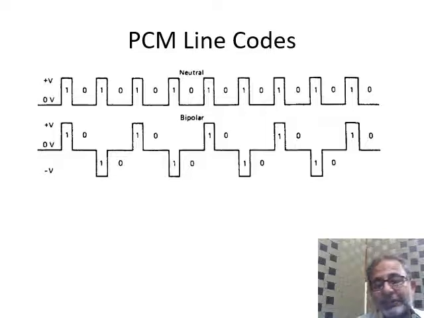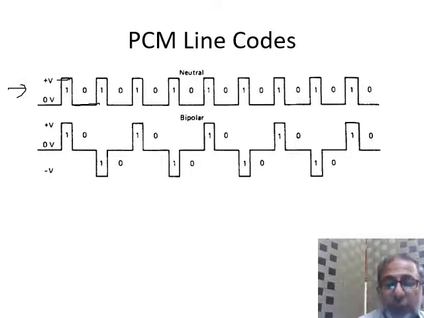Let's see two different types of PCM line codes. This is the very basic type, which we call the neutral code, in which 1 is represented with a higher value of voltage and 0 is represented by 0 volts. This is called the neutral format. But we can use a bipolar format also, in which each one, which is also called a mark, is inverted if it continues.